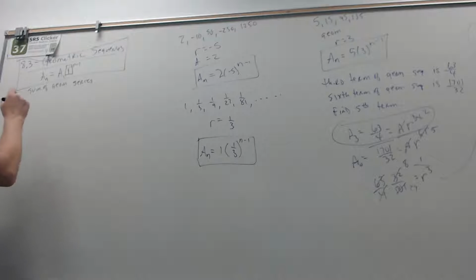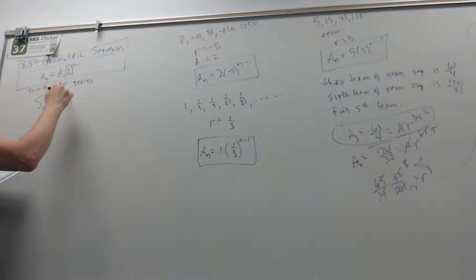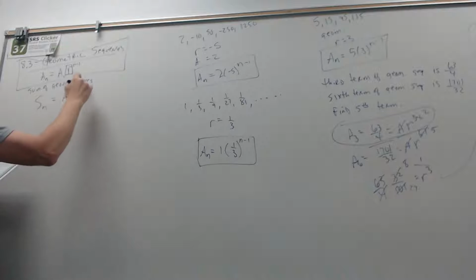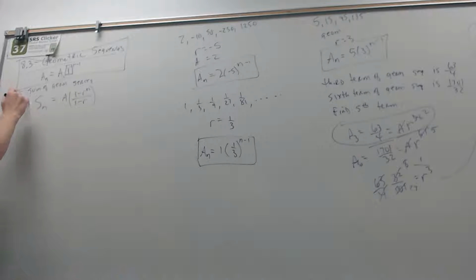We're going to use the sum formula, S of n equals a times 1 minus r to the n power over 1 minus r. So that's going to be your sum. Okay?